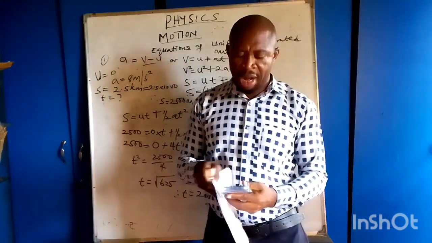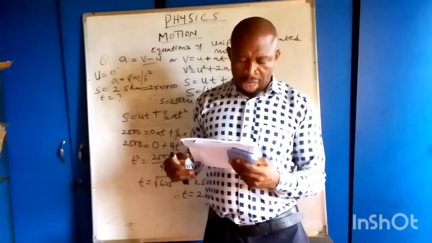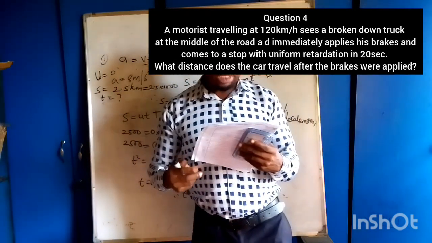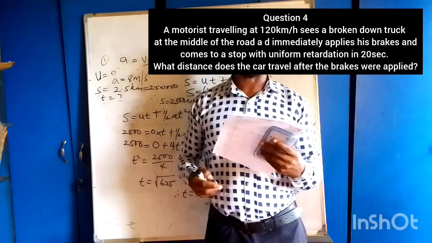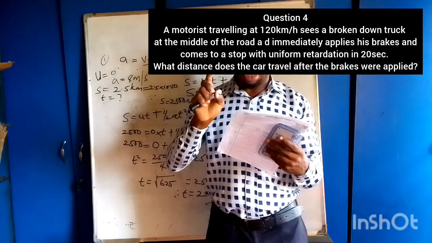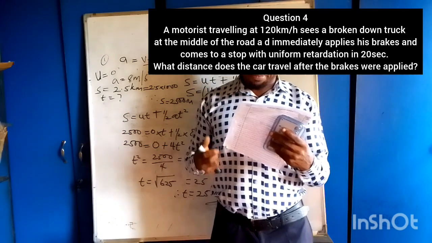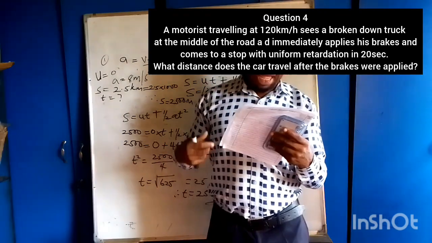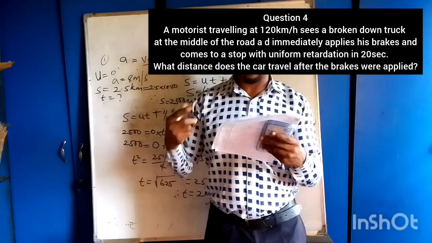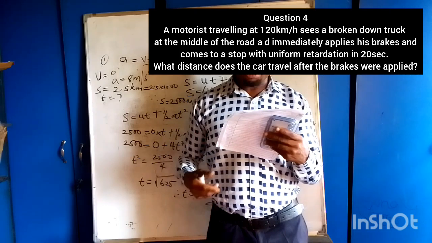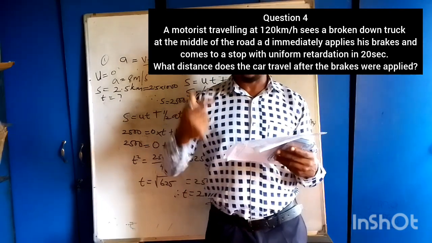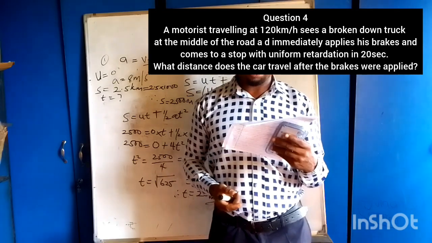This one is very important. This question says, a motorist traveling at 120 km per hour sees a broken down truck in the middle of the road and immediately applies his brakes and comes to a stop with a uniform retardation in 20 seconds.